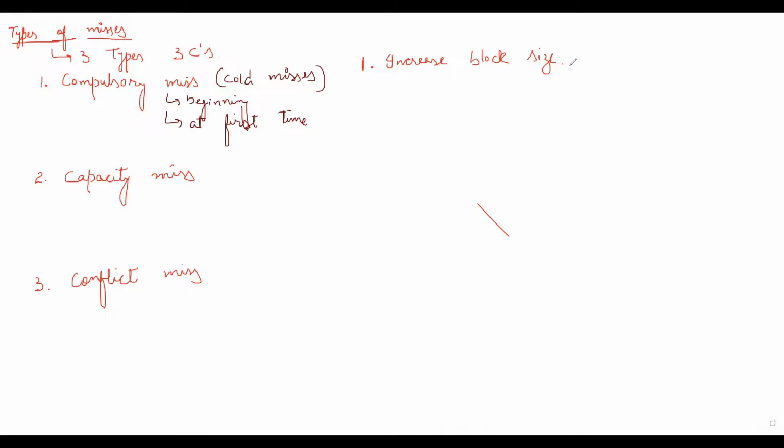How many do I have to access? 100 bytes. So for 100 bytes, there will be 10 compulsory misses. However, if I have a block size of 100, then for that 100, I will have only one compulsory miss. So increasing the block size decreases the compulsory misses.